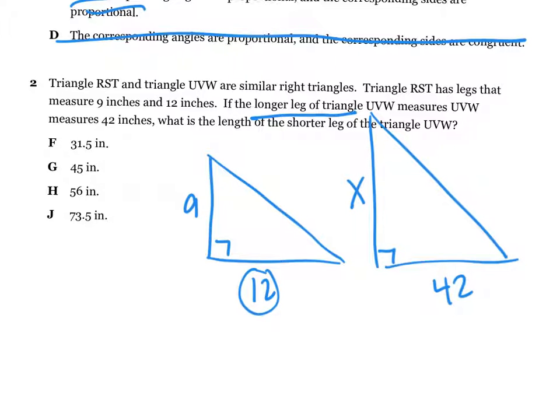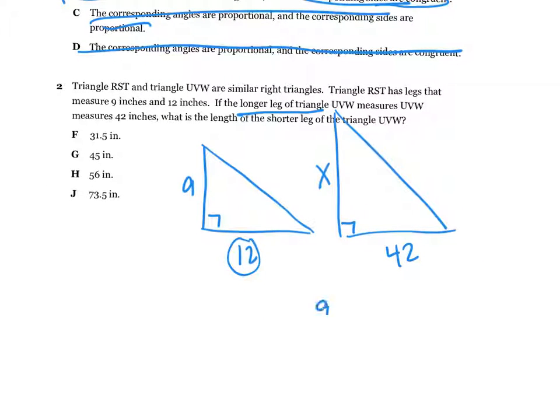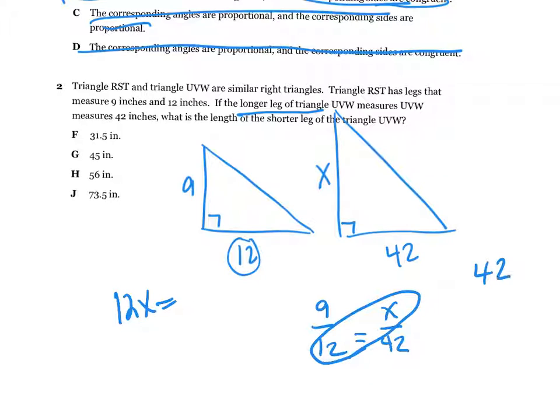So I would set myself up a proportion. I would say 9 over 12, X over 42. So I would cross multiply and divide because I don't know how to scale up that way. So I'm going to say 12X equals 42 times 9, which is 378. So we're at 378.